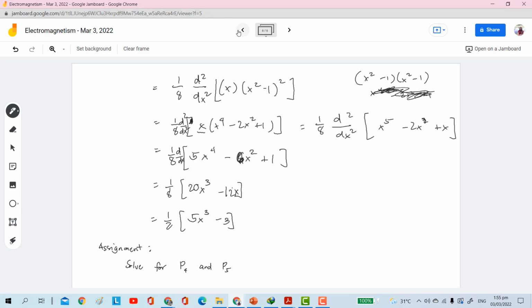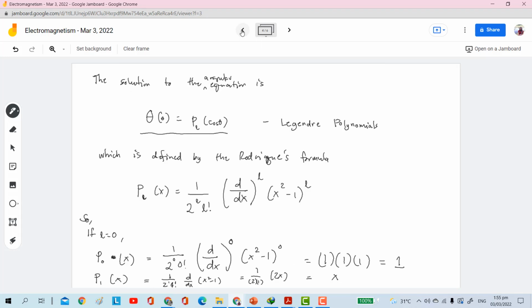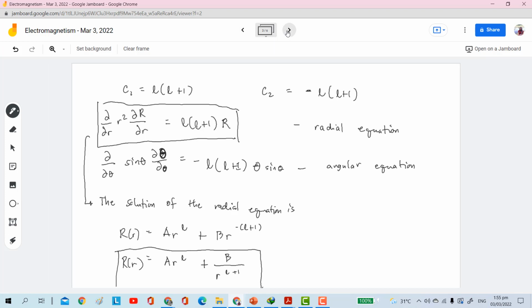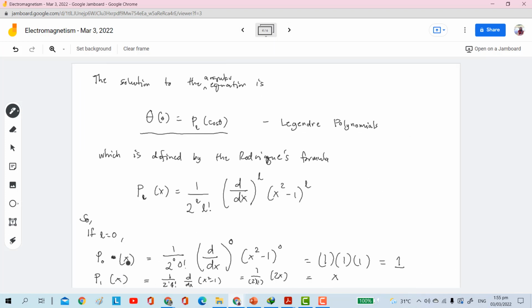Okay. So, balik ta. Kini si Rodriguez class, this is in terms of x. But ang ato ang kining x is equal to cosine theta sa ato ang Legendre polynomials. Therefore, kini si P naught.